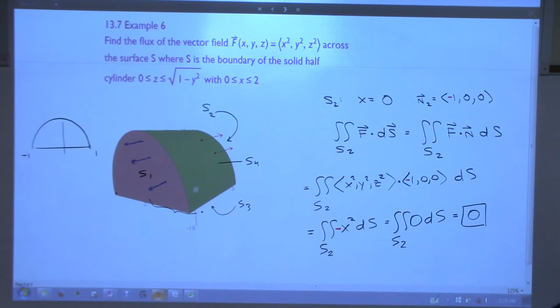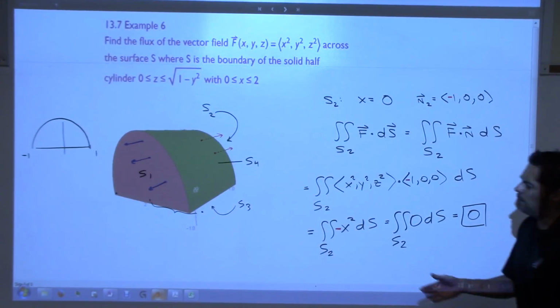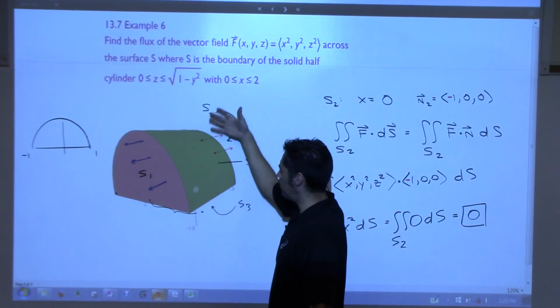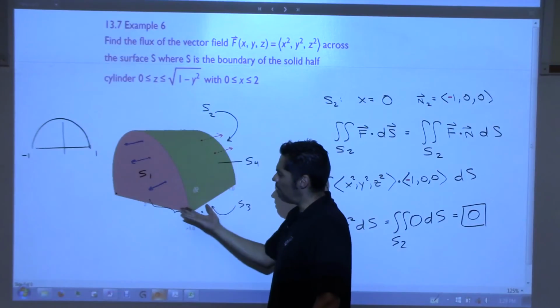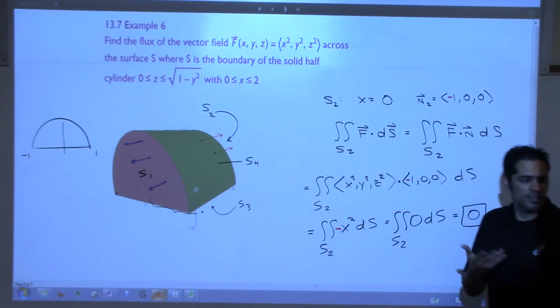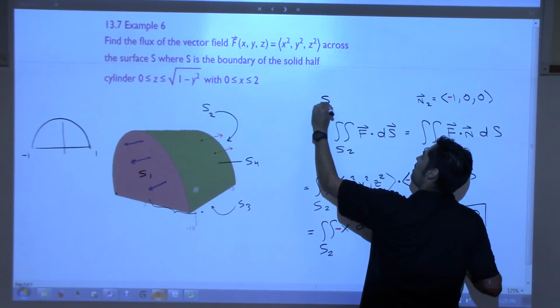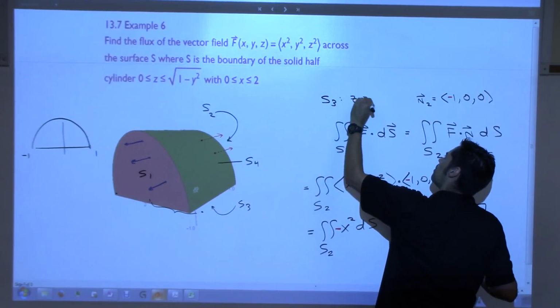Okay, so what about S3? What can you tell me about S3 if it's the bottom of this hanger? It's a rectangle, right? I mean, like this one was, we said this was part of a plane, x equals 2. The back one was x equals 0. The bottom one we could say is z is 0, right? So why don't we do that? We're going to say the bottom, S3, has the equation z equals 0.